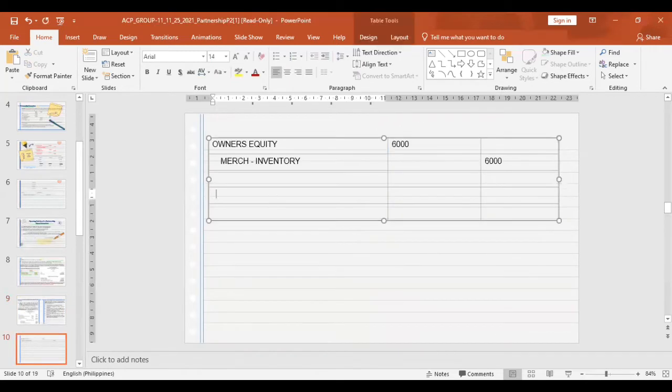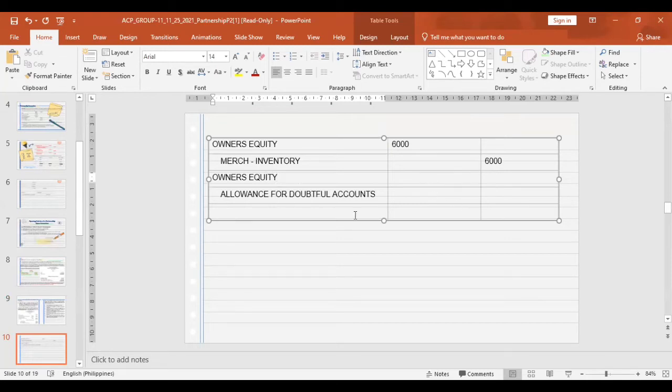So, magre-record tayo ng allowance for doubtful accounts. And then, debit natin din is owner's capital din kasi bumaba. Kasi bumaba yung asset mo. Kasi kaya bababa din yung equity mo.